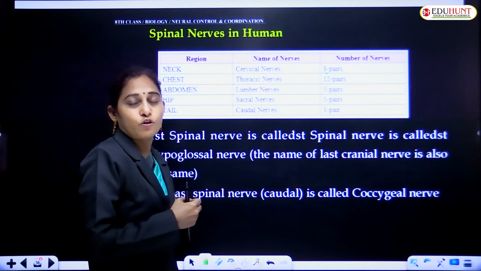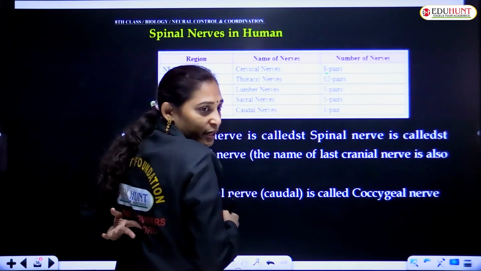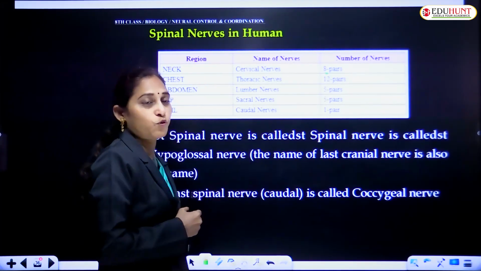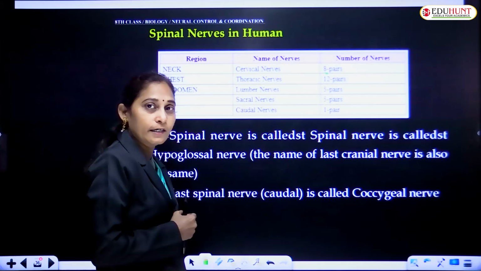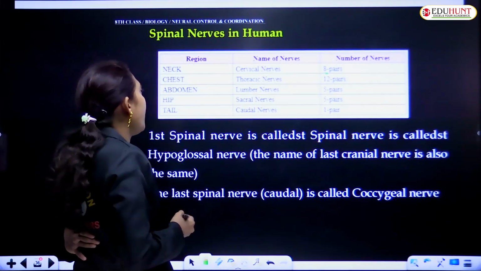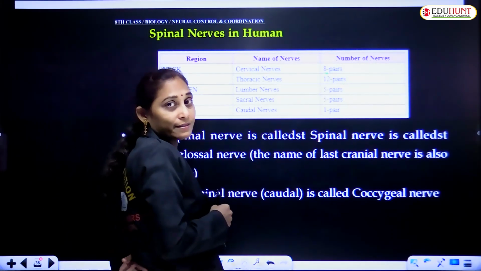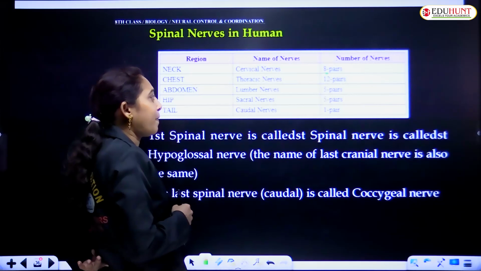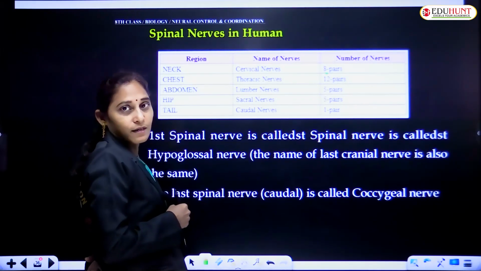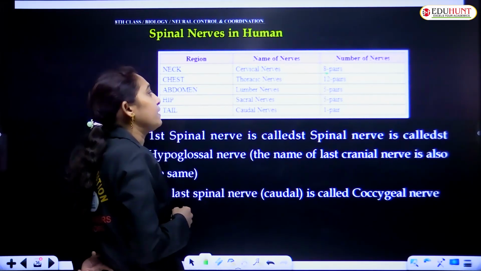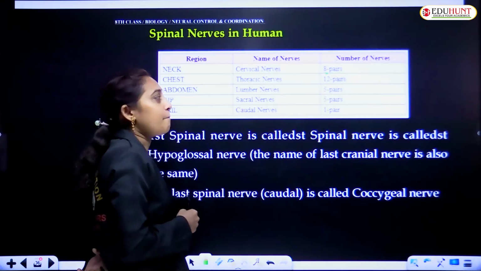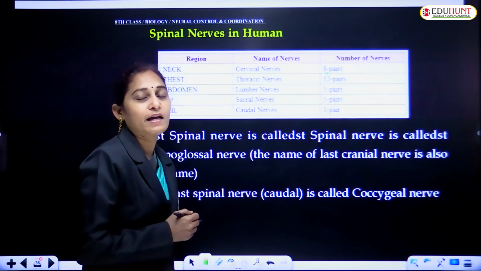In the thoracic region, that is the chest region, we have 12 pairs of spinal nerves. In the abdomen, that is the lumbar region, we have lumbar nerves, which are only 5 pairs.